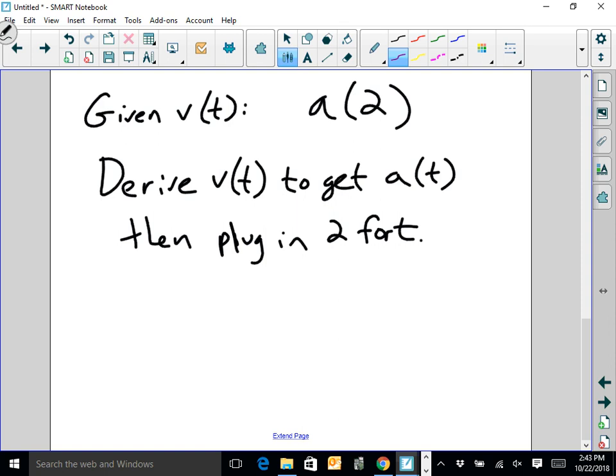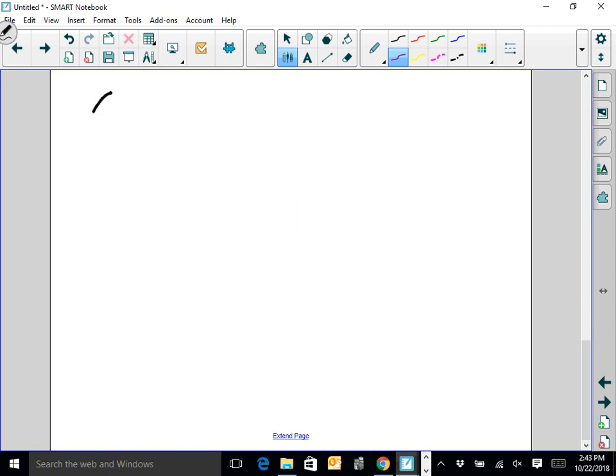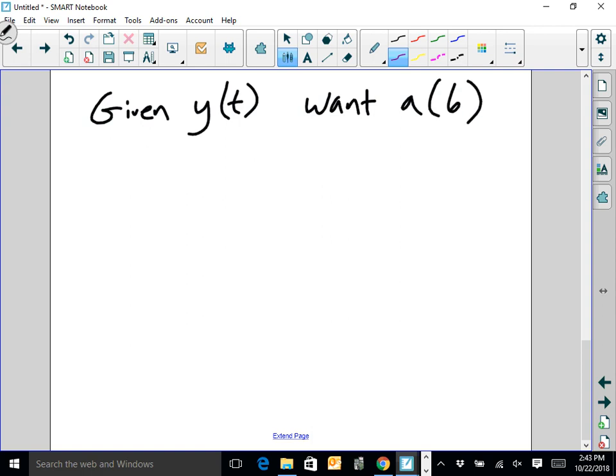How about this? Let's say you're given y of t, and you want a of 6. Now, y of t is another form of position equation, right? So I'm given a position equation, and I want to get to the acceleration.